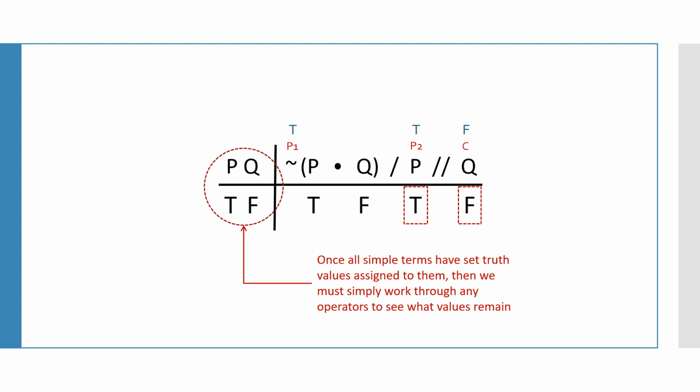If when I'm finished, because of these operators, given the truth values I've assigned to P and Q, the result is that all of my premises are true but the conclusion is false, then I know it's invalid. And if it turns out I can't produce that result with these truth values locked in, then it would have to be a valid argument.